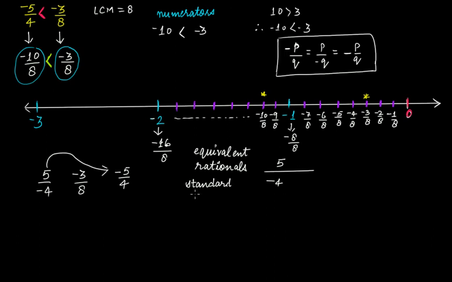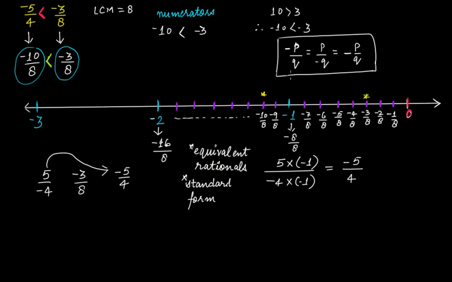standard form. Now if you're thinking what's standard form, please again watch the earlier videos. So this is 5 over minus 4. We multiply this with minus 1 and with minus 1. So whatever rational number you now get is an equivalent rational because we have multiplied with the same number. So this becomes minus 5 and this becomes 4, right?